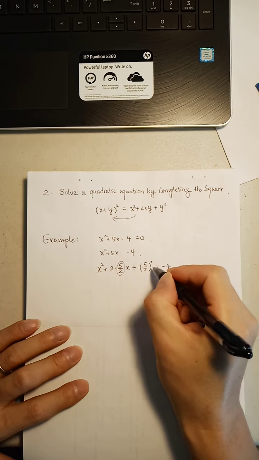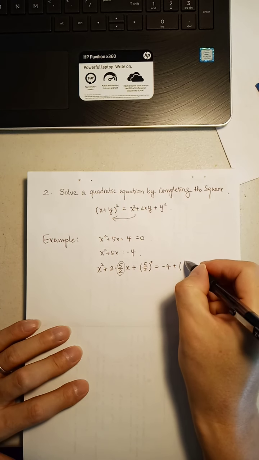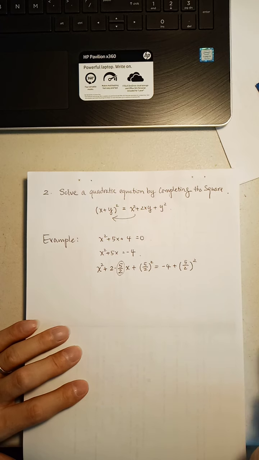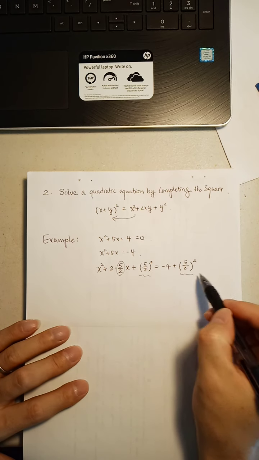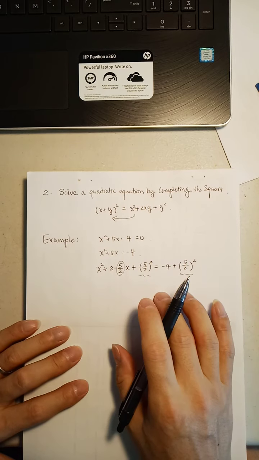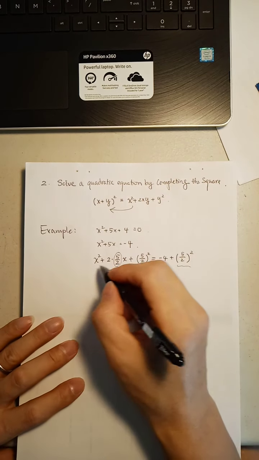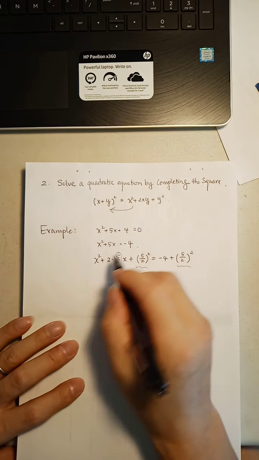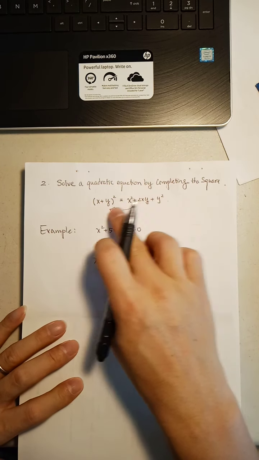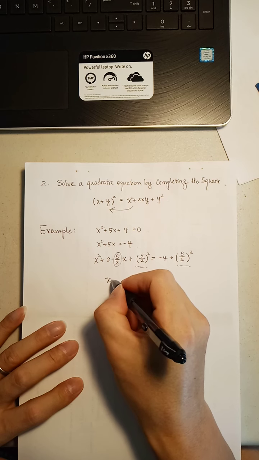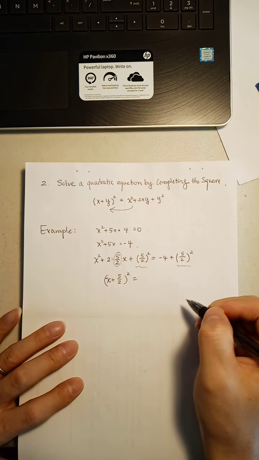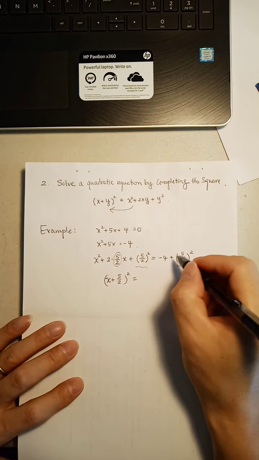You add y squared on the left-hand side, you also add y squared on the right-hand side. Okay, see here? They are on two sides, they are balanced. The equation is still balanced. And now this left side is x squared plus 2xy plus y squared. So by the completing square formula, it is x plus 5 over 2, quantity squared. On the right side, let's check.